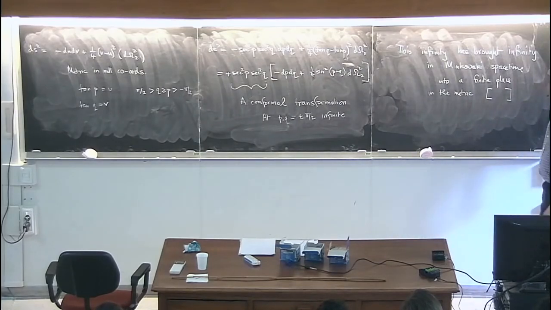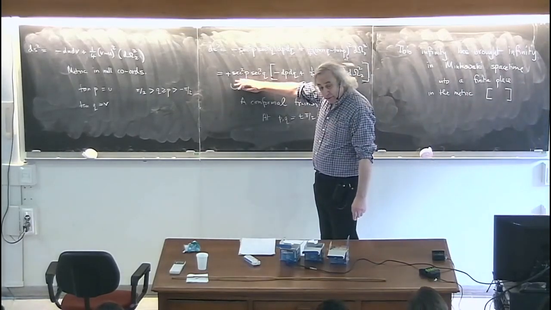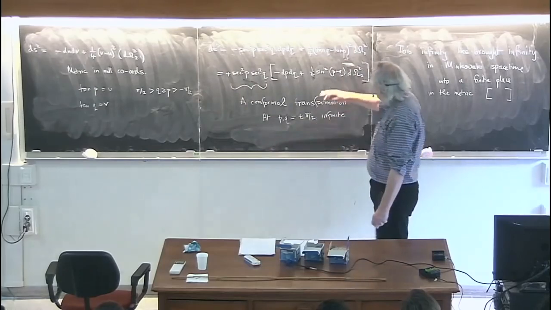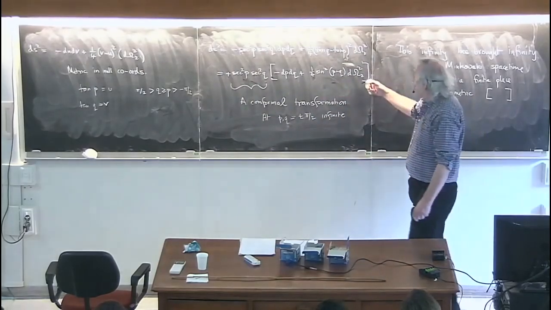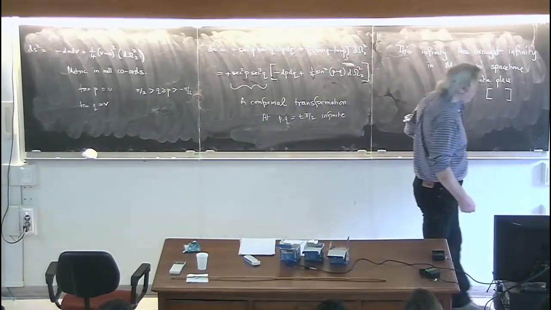So since all we're interested in is the causal properties of the space-time, we can just forget about this term here and just look at the thing in brackets. The conformal structure of the thing in brackets will be the same as the conformal structure of Minkowski space.